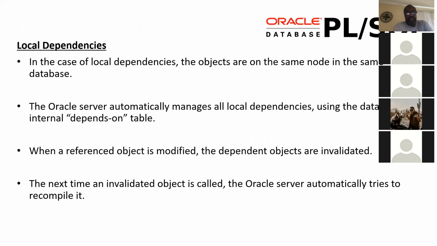Okay, so there are such things as local dependencies. In the case of local dependency, the objects are in the same node. I want to make sure, because there's always confusion about direct dependencies and local dependencies. For our database scenario, all of our schema and our objects are under the same node.